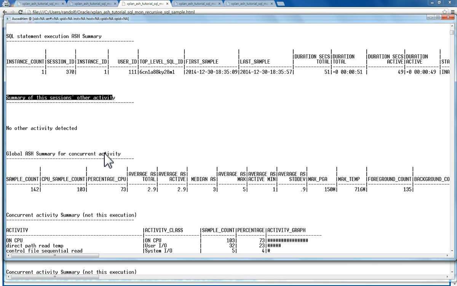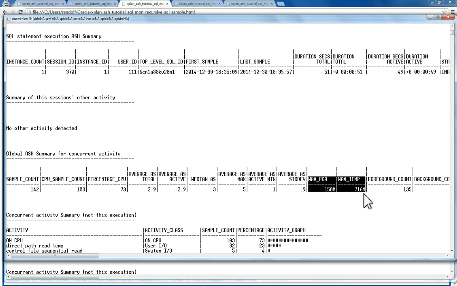Was there, for example, a lot of CPU activity, which might explain something that you see here for this main SQL execution? So maybe you have a case of CPU starvation, or maybe a lot of temp activity, high PGA usage, things like that.